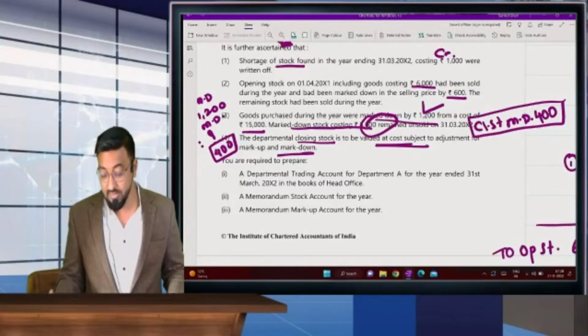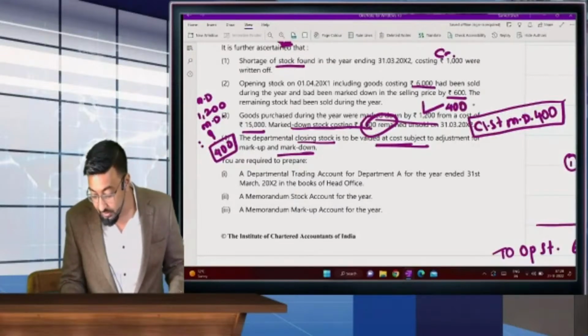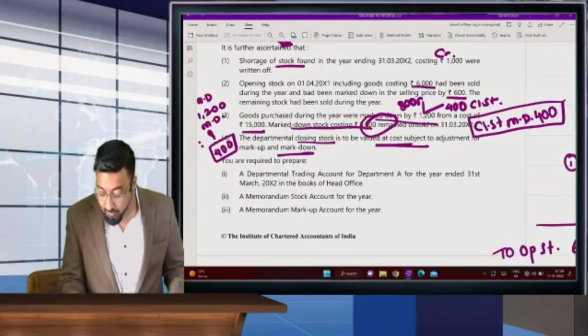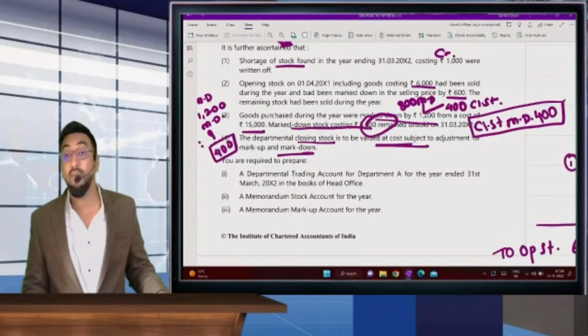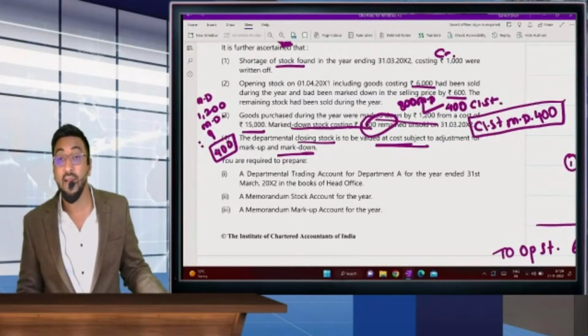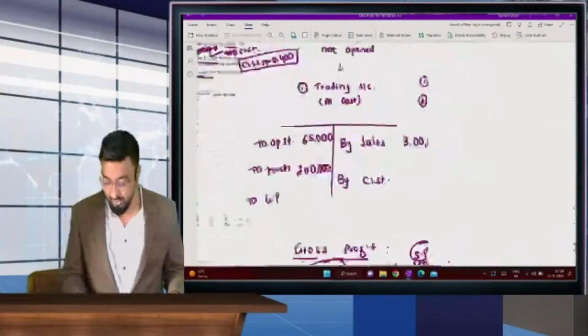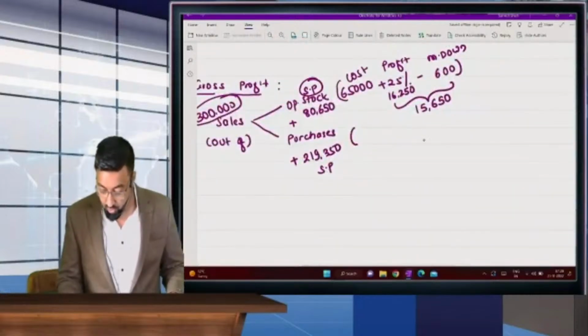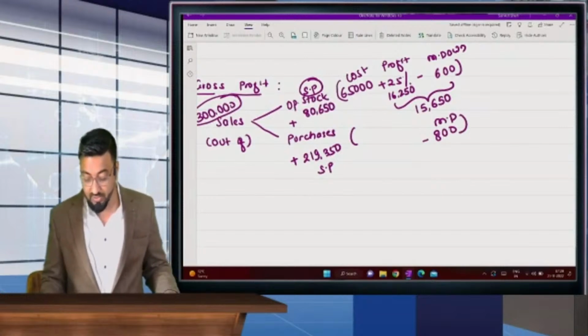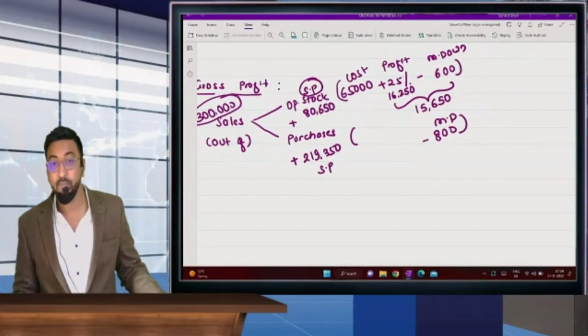Out of this, 400 rupees markdown is in closing stock and 800 rupees markdown will be in sales. Okay sir. So in sales there is a markdown of 800. Out of purchases, I got this 800.